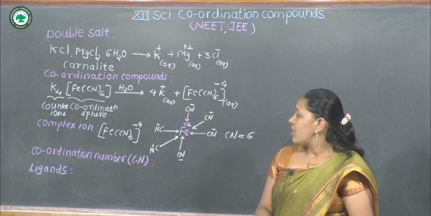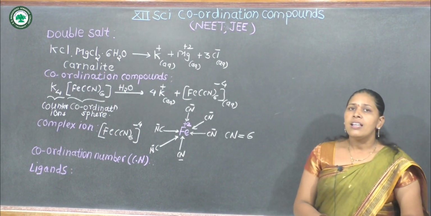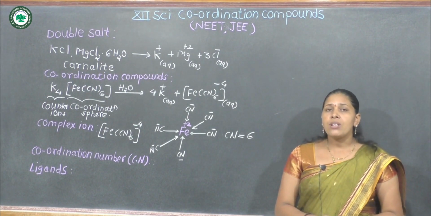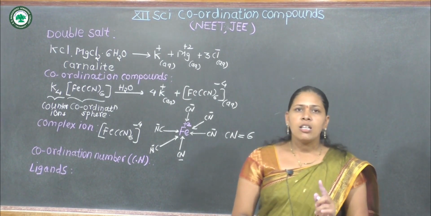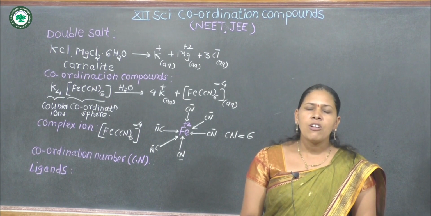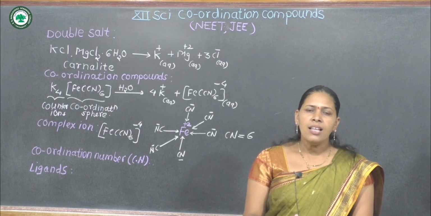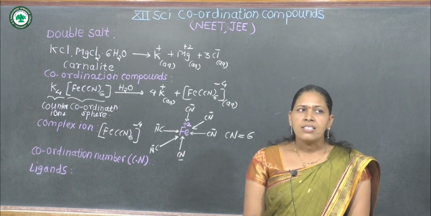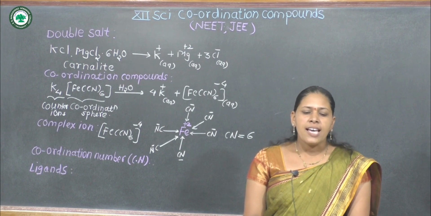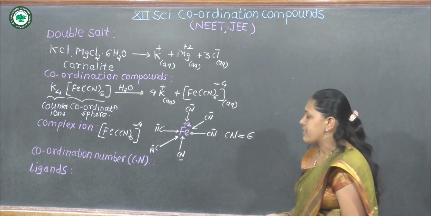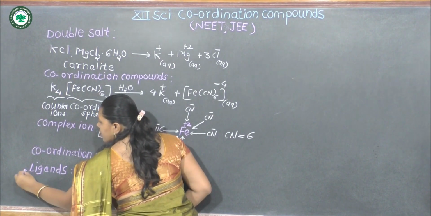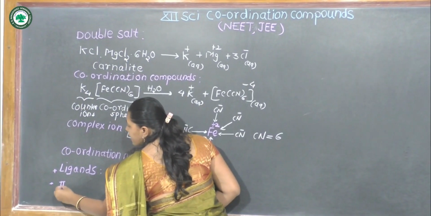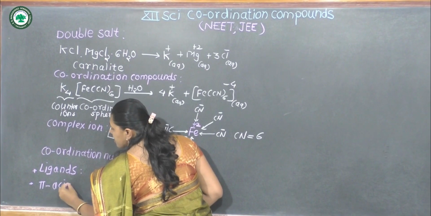Sometimes not only are ligands electron pair donors, some ligands also accept electron pairs from the central metal ion. Such ligands are called pi acid ligands.